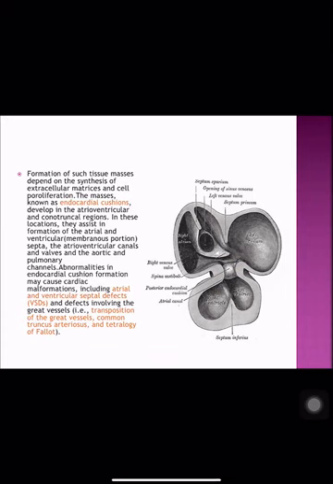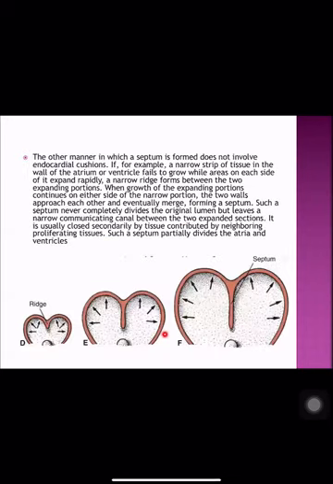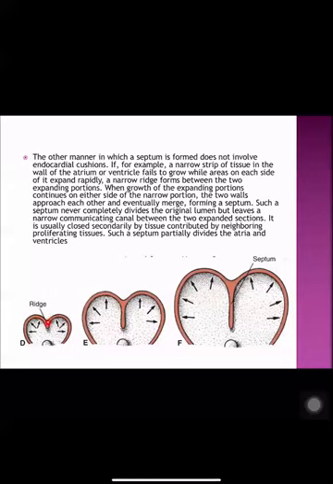Now, another method for the formation of the septum does not involve these endocardial cushions. What will happen here is that one part of the wall of the atrium or the ventricle will fail to grow, while the other parts will continue to expand.